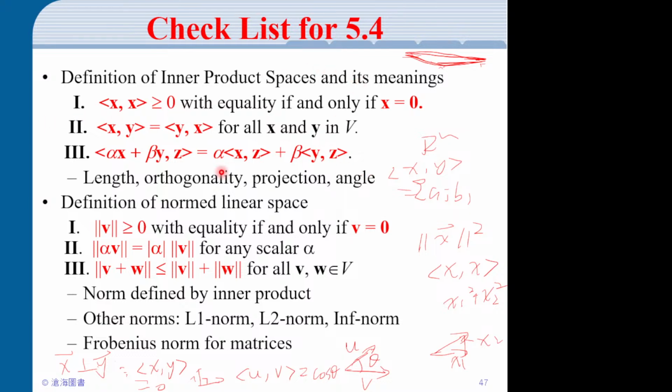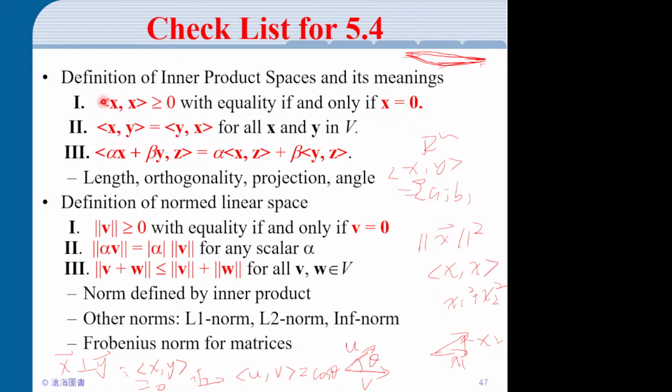We have derived a lot of results for abstract inner product, which is a function defined on two vectors, and it needs to satisfy three things. The inner product of a vector with itself is greater than or equal to 0, and equal to 0 if and only if the vector is 0.